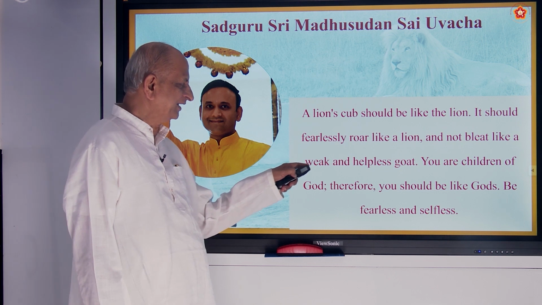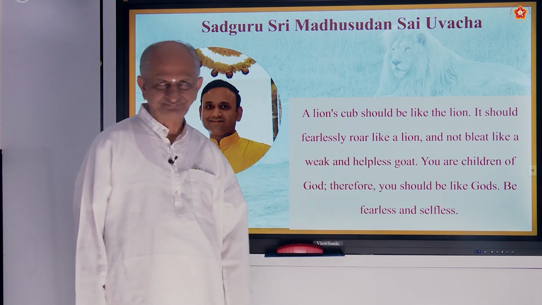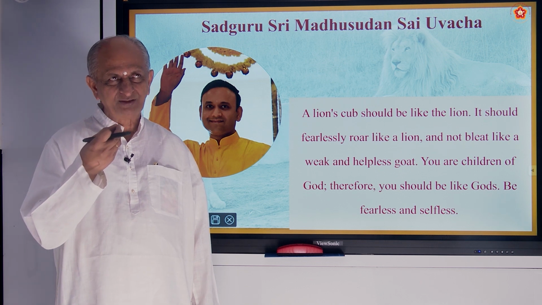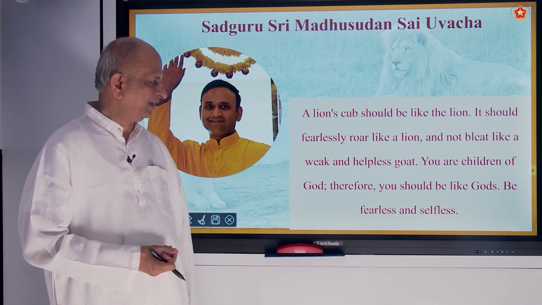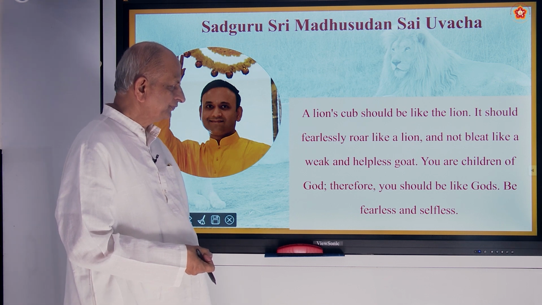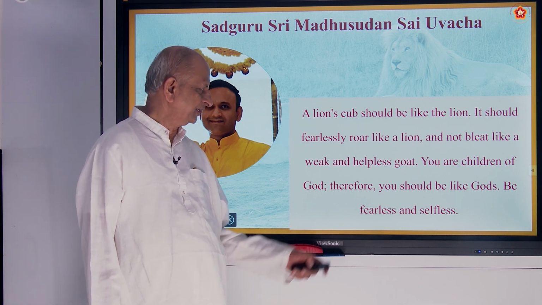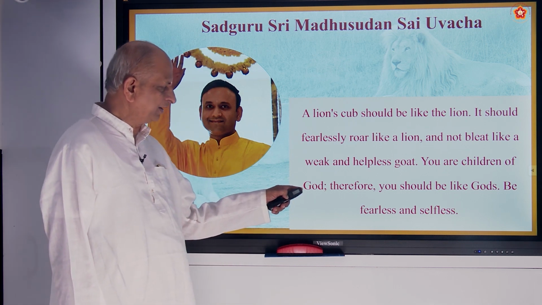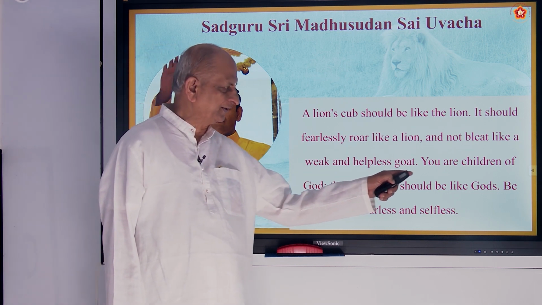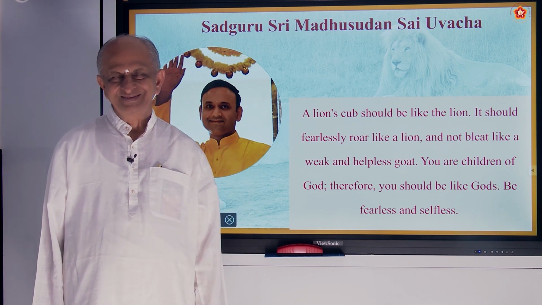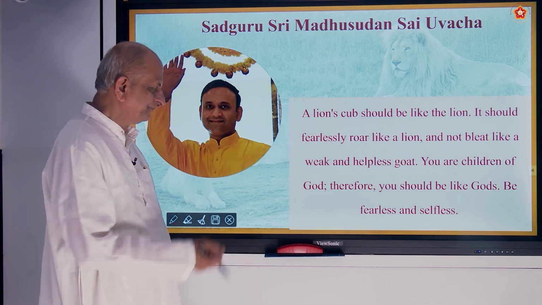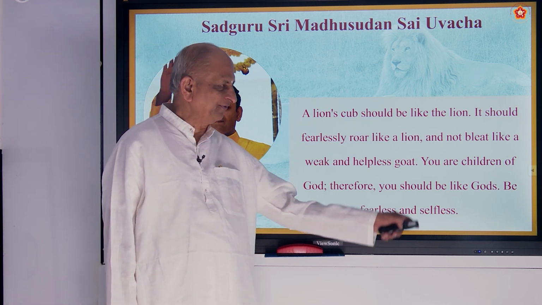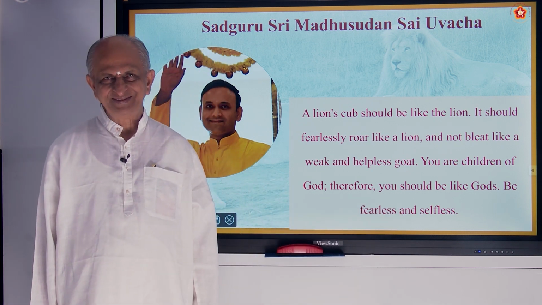And not bleat like a weak and helpless goat. The calling of a goat is called bleating, and of a lion is called roaring. You are all children of God, therefore you should be like gods. That is what he says, Aham Brahma and Sarvam Brahma. Be fearless and selfless. Nice.